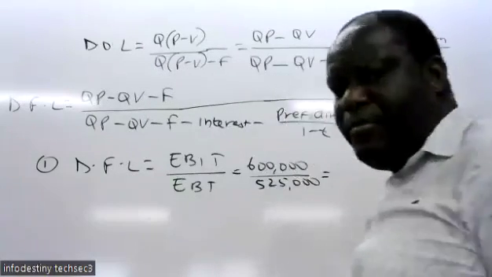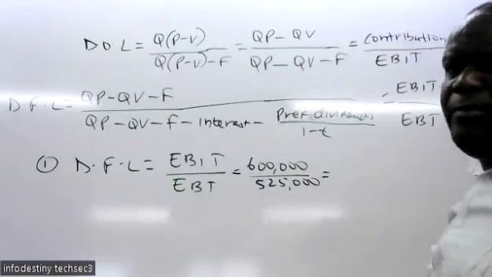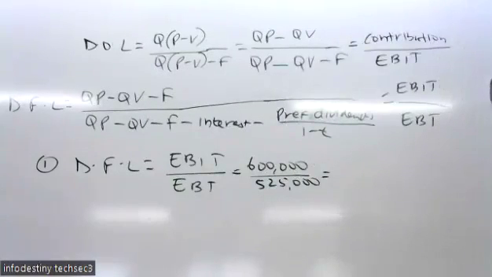So when you compute that part, it should be able to give you which figure? When you take 600,000 divided by 525,000, it should be able to give us which figure? Someone who can compute and then you give me the value.